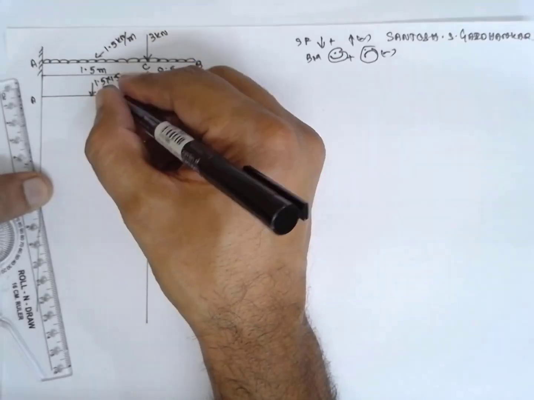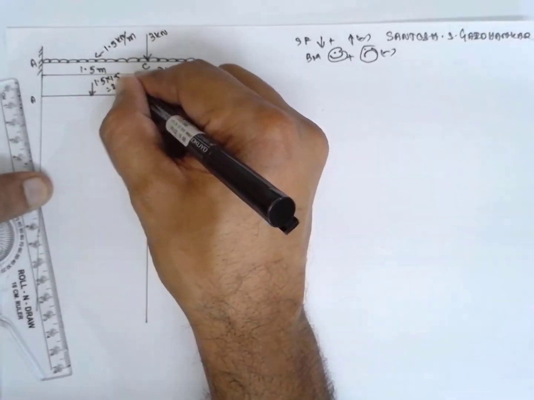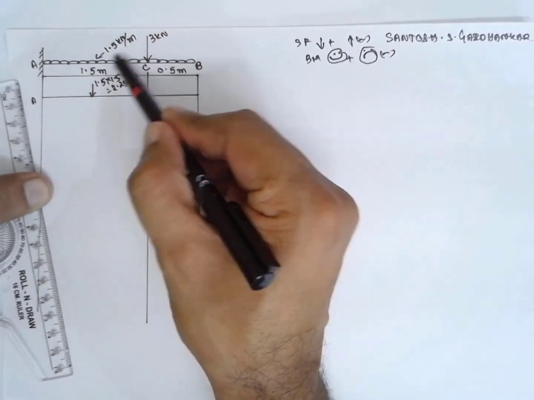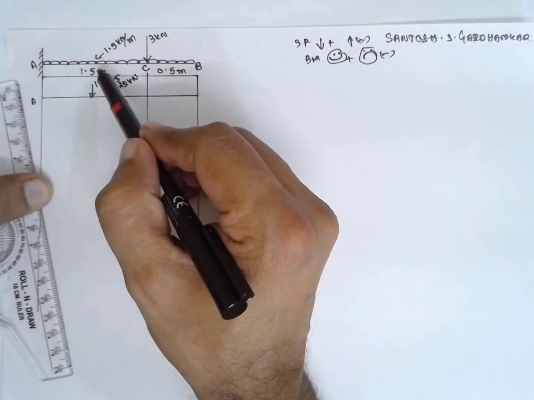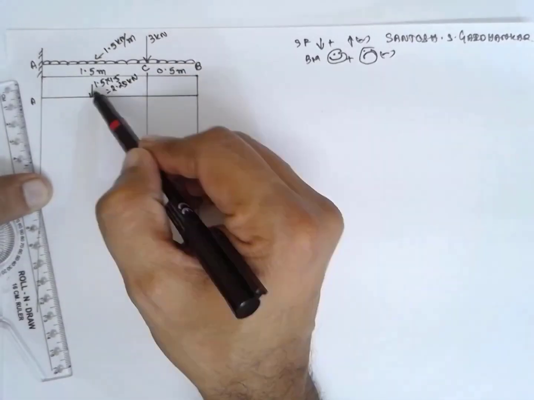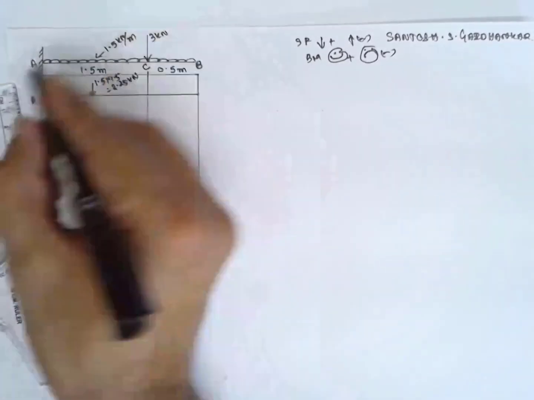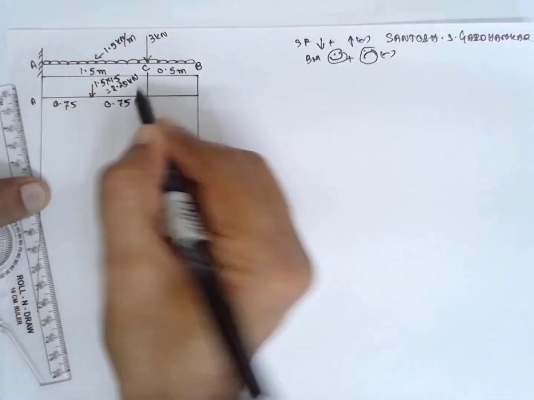If you calculate, the answer will be 2.25 kilonewton, because meter gets cancelled. In UDL, this load into this distance you have to multiply. You will get 2.25 kilonewton, and the arrow has to be drawn exactly at the center. That is half. 0.75 from this side, 0.75 from this side.